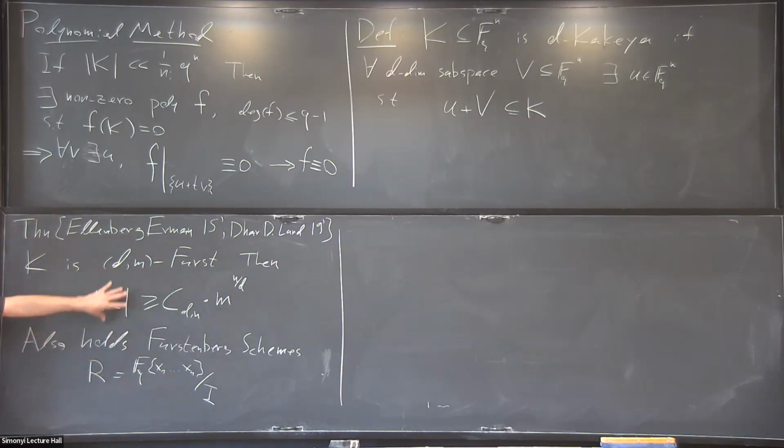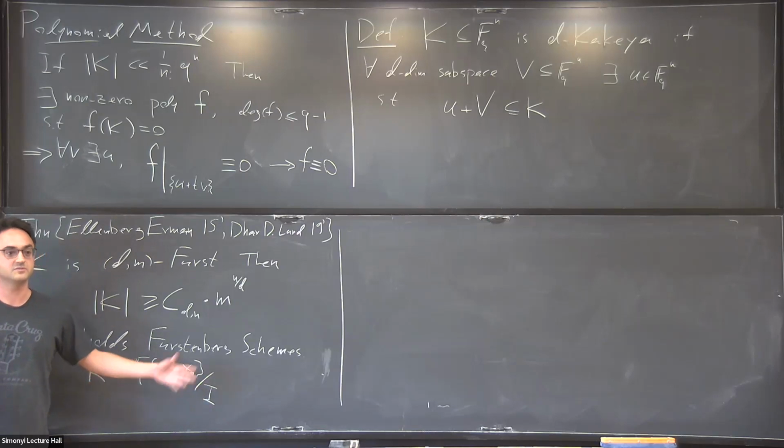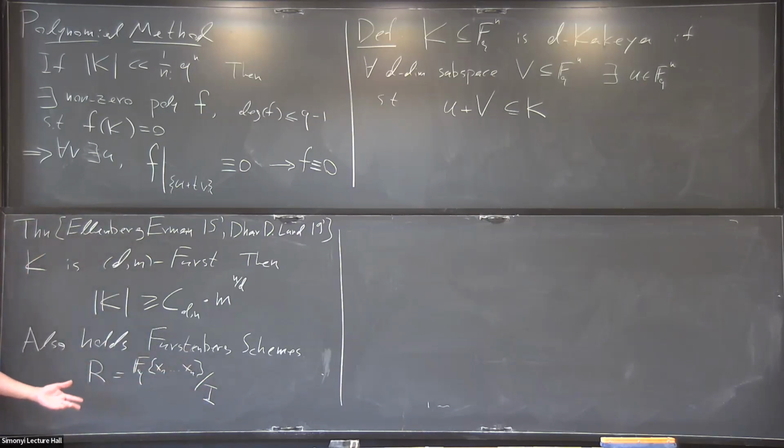But the examples that show that this is tight are not sets. They're schemes where they have one point at the origin. They're very weird. They're not things you would get from a finite set. So you can get these from finite sets, but by taking all the polynomials vanishing on your set. This would be the way to get a scheme, of course.